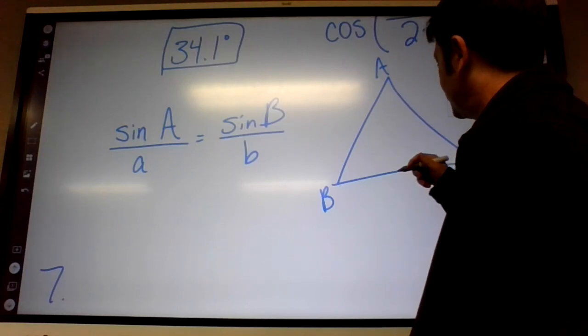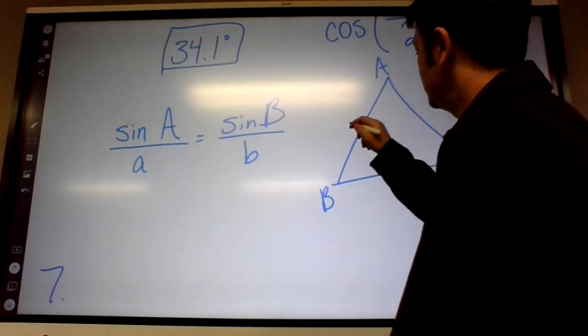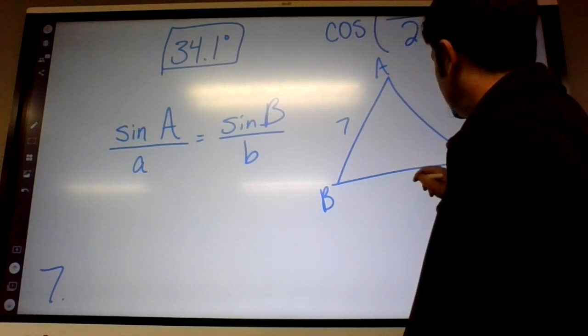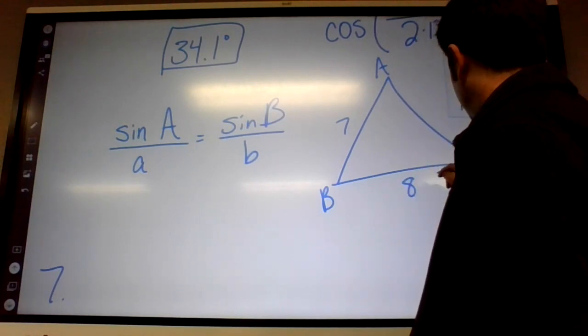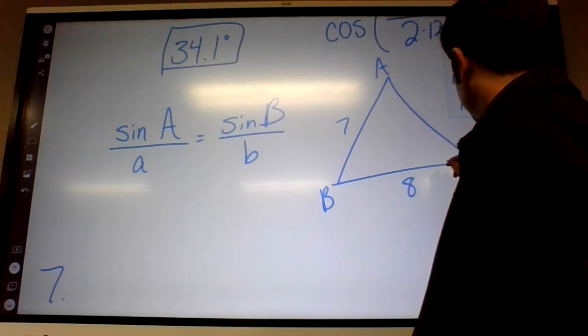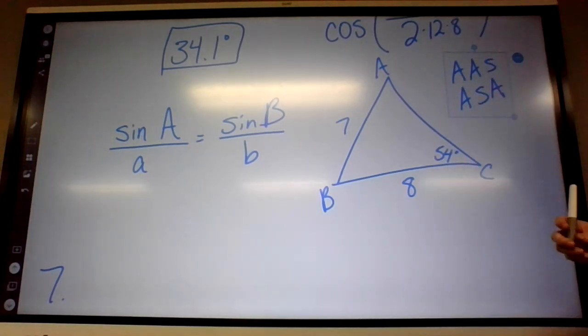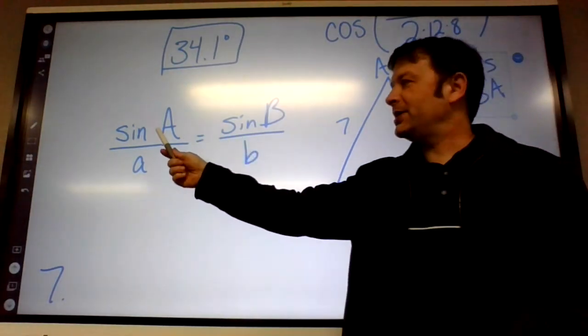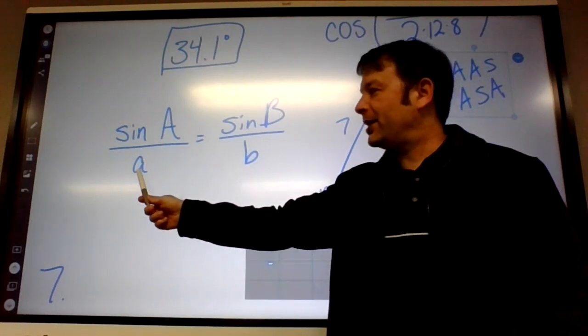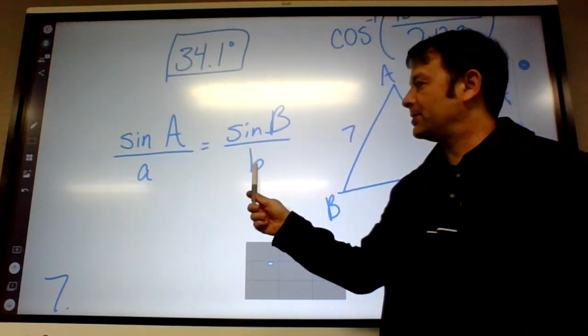Let me make some stuff up here. Let's do 7 and 8, and you need an angle somewhere. Okay, so you guys see the pattern? It's sine of the angle over its side equals sine of the angle over its side.